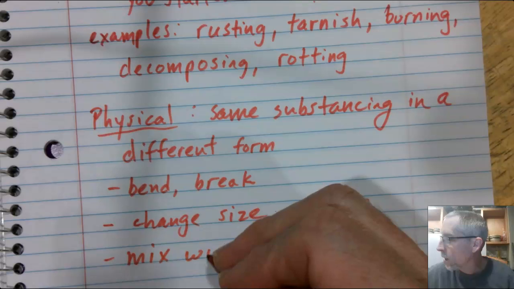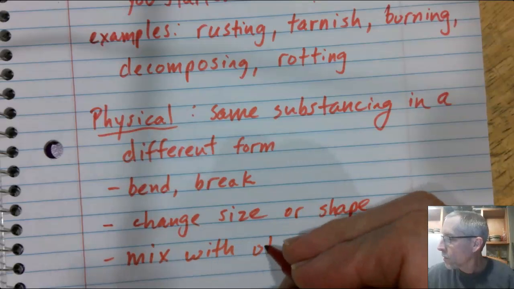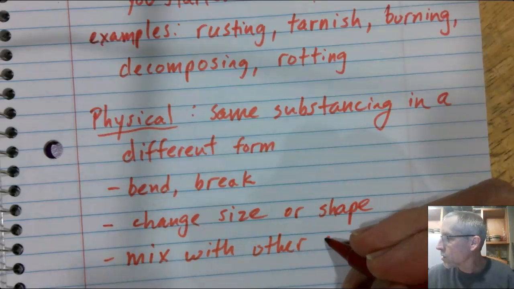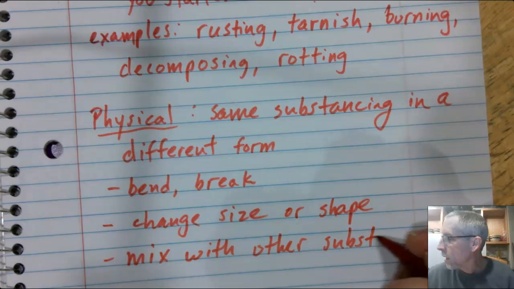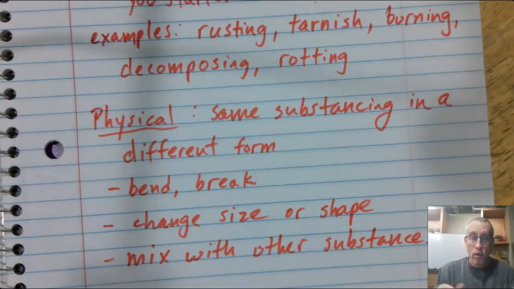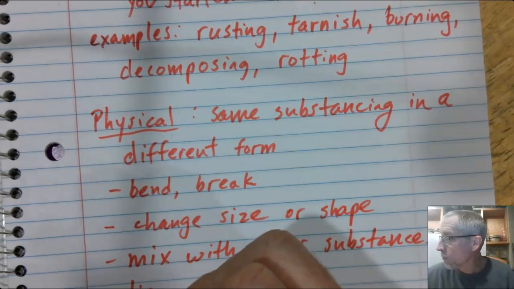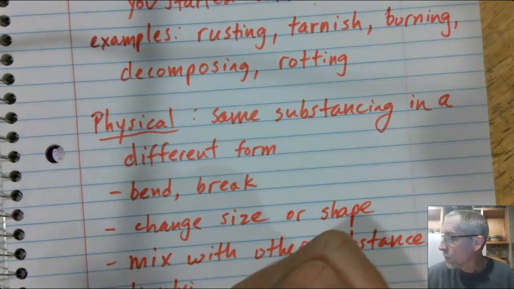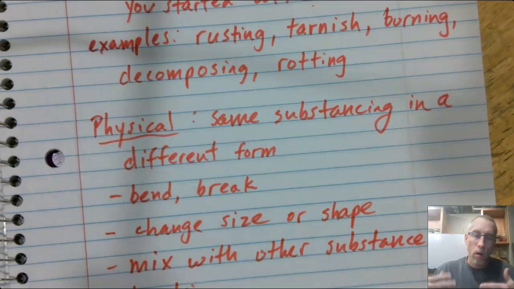You could mix with other substances. Now, as long as those substances don't react with each other to turn into something new, it's considered just a physical change, okay? For example, dissolving. If we have salt, typical table salt, and you know what salt tastes like, right?